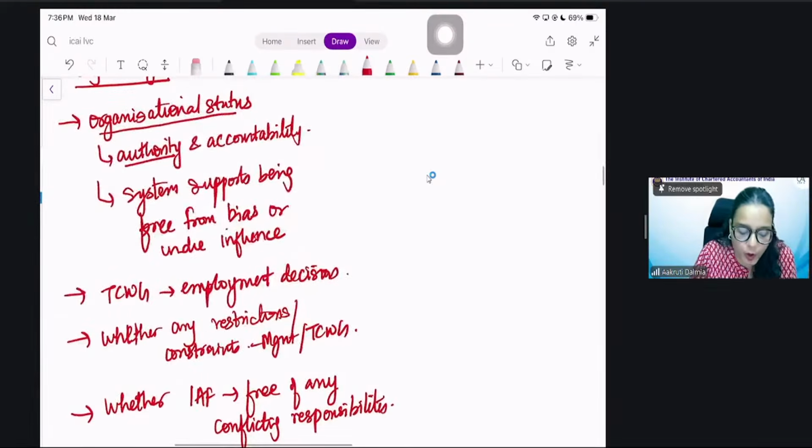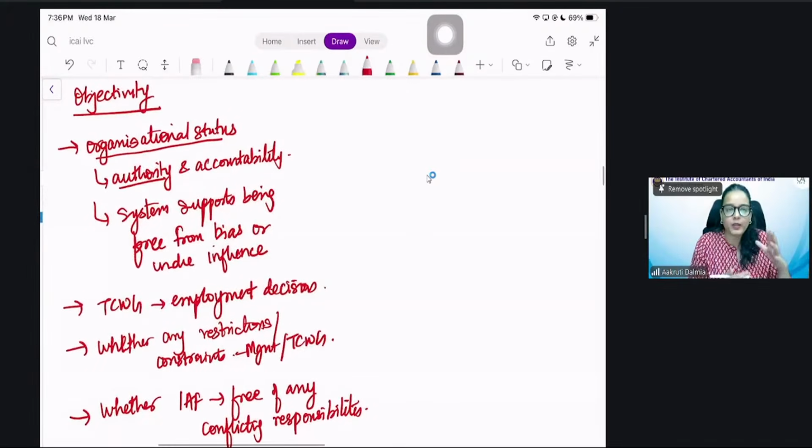So can you remember what are the 4 points? Quickly tell me. How to verify objectivity of the internal audit function? What is their organizational status? Who is involved in their employment decisions? Whether TCWG is involved in the hiring decision? Whether there are any restrictions or constraints by TCWG and management on the internal auditor? And whether the internal audit function is free from conflicting responsibility.